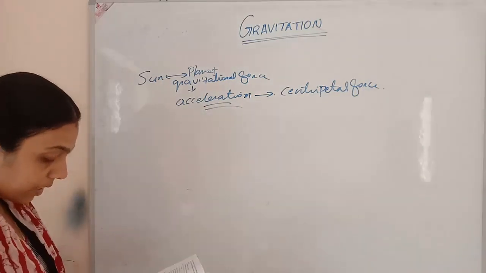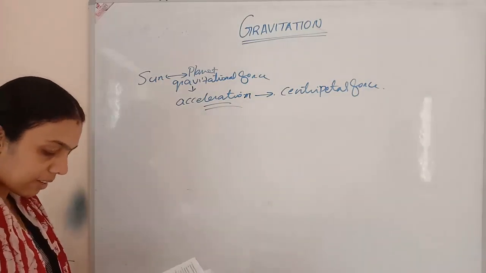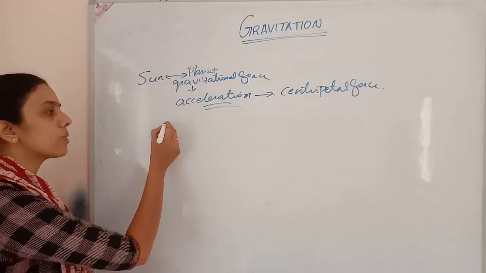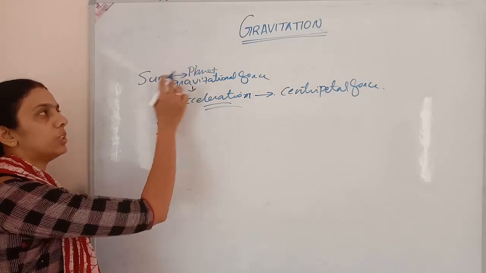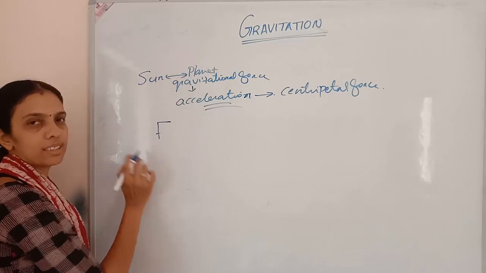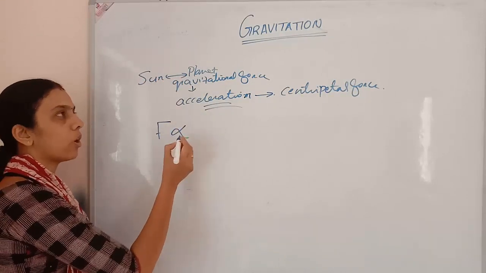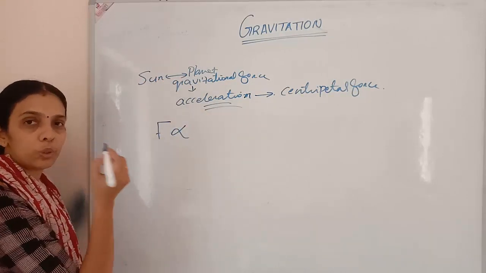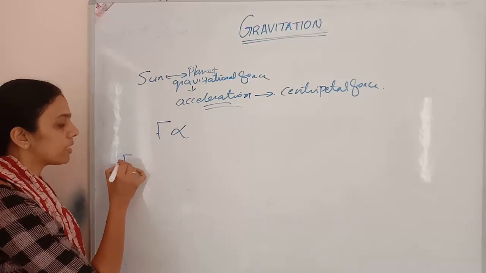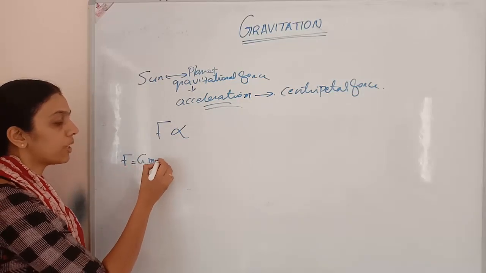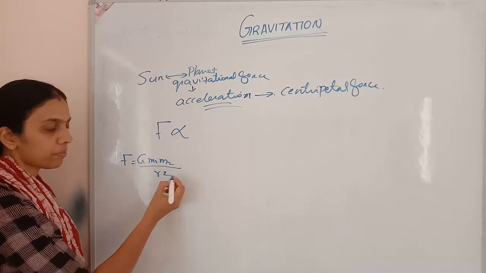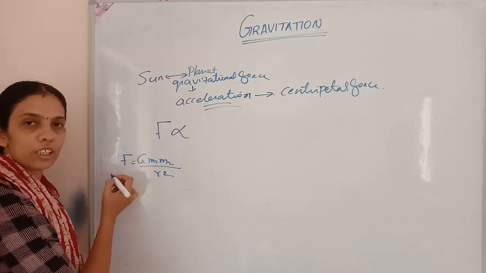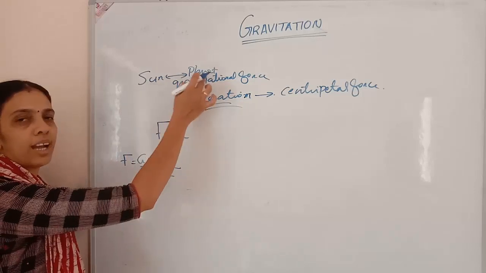And the next one is, on what factors does that force depend? The force between these two objects, that is the sun and the planet, depends, as per Newton's law of gravitation, force is equal to G m1 m2 by r square. So which are the two masses here? One is the sun and the other is the planet.